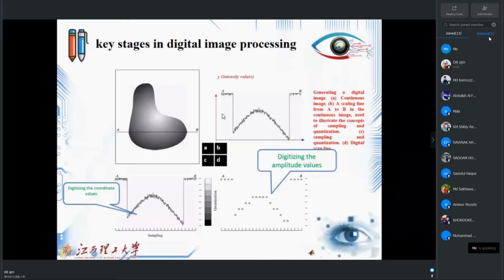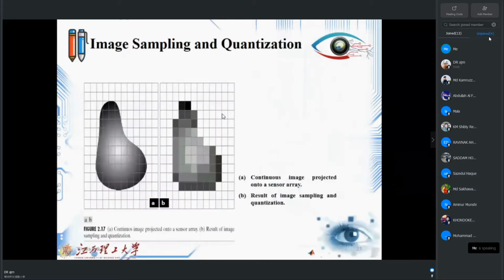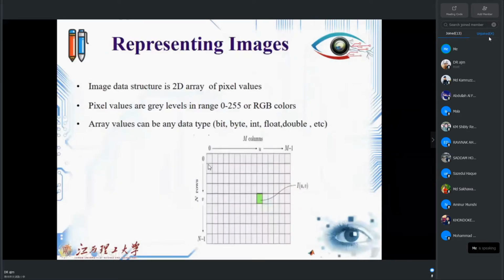Let's once more see the previous image. The continuous image projected on the sensor array is something like A, and B is the result of sampling and quantization, I can say some digital work that we have done on it. See the image once more from this perspective: the image is nothing but a 2D array of pixel values, and these pixel values are gray levels, which will be between 0 and 255. We call it RGB; we talked about it already.